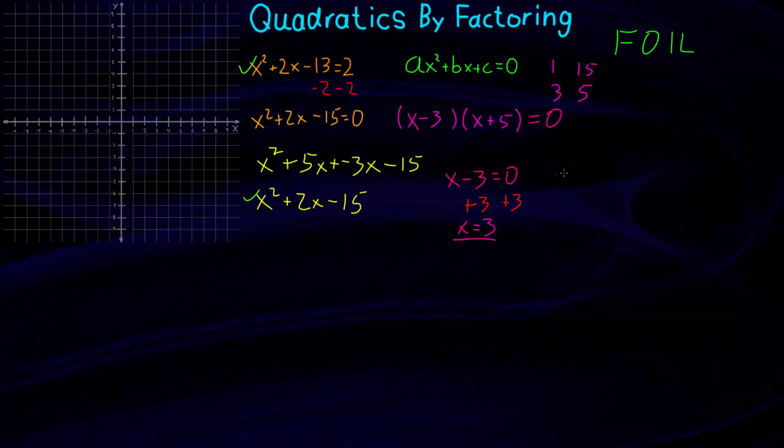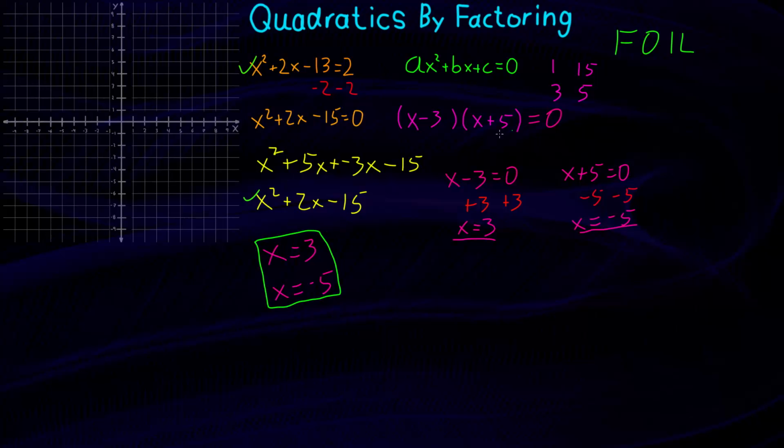The next one is x plus 5 equals 0, and we want to cancel out that constant. So we have a minus 5 on both sides, and that is going to leave us with x is negative 5. That is our other 0 for this. So the two answers are x equals 3 and x equals negative 5. All right, so these are the solutions to that quadratic equation.